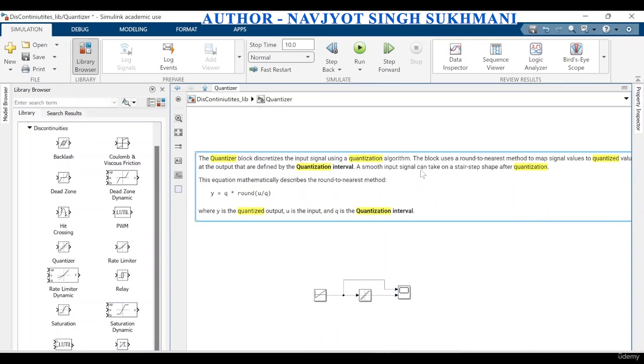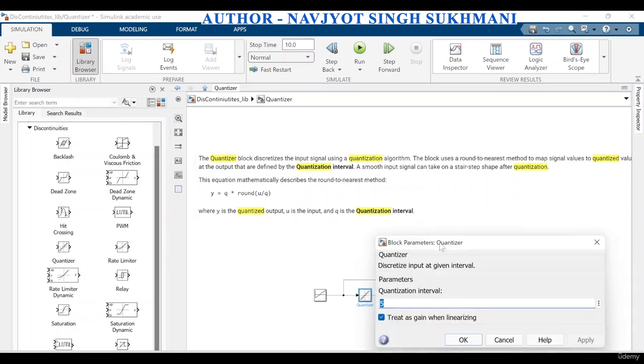Smooth input signals take a step shape after quantization. Here you can see the equation mathematically for how the round-to-nearest method is used: y = q * round(u/q), where y is the quantization output, u is the input, and q is the quantization interval.